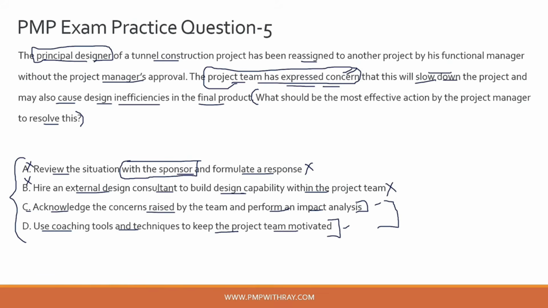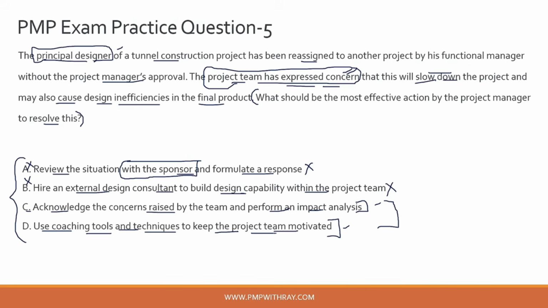Now, this may slow down the project, this may not slow down the project, okay? That will come into consideration when you do the triple constraint analysis of this issue which has happened. But the problem which you are trying to resolve in this scenario is to address the concerns of your team. And that can be done using coaching tools and techniques to keep your project team motivated, guys.